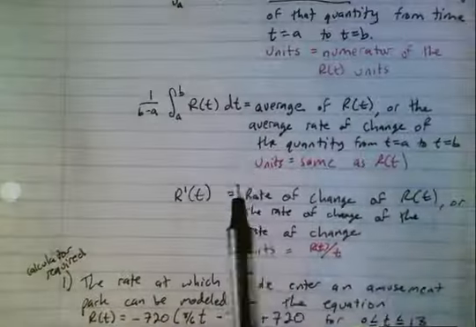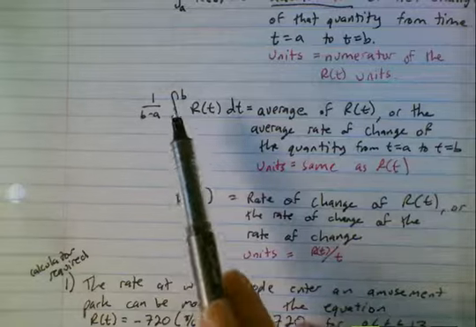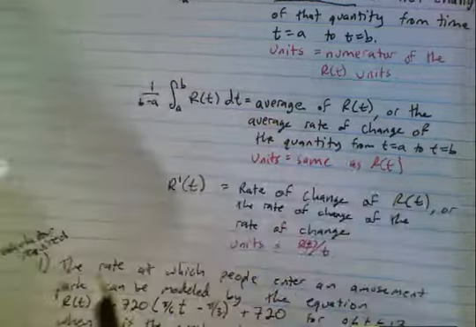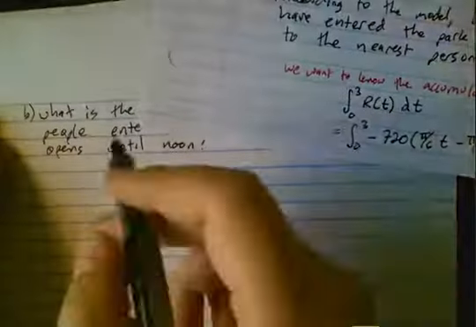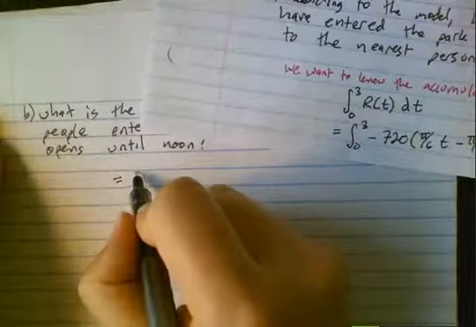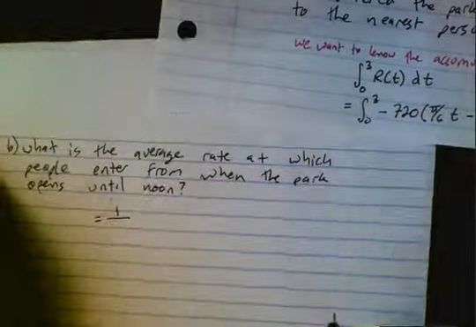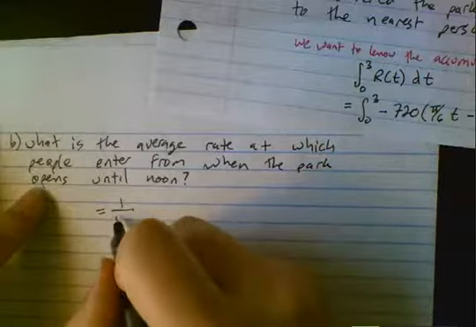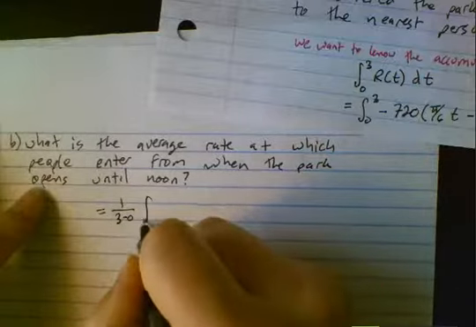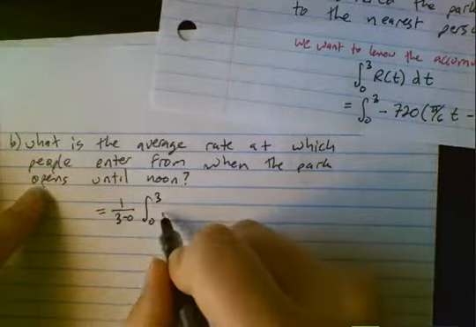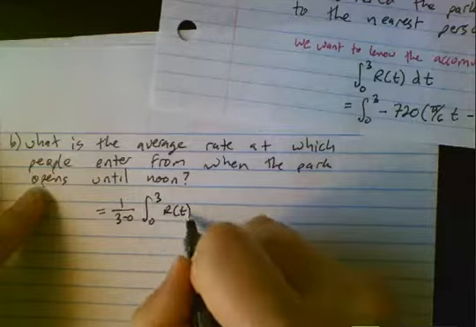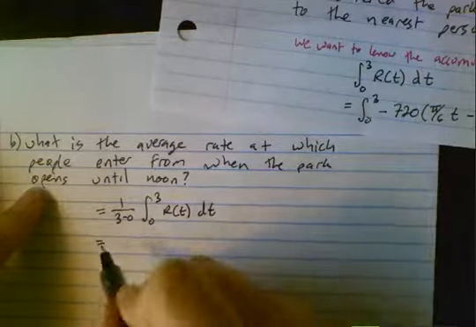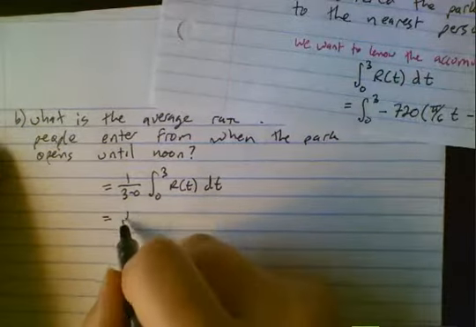Okay, so remember average value. That's 1 over, subtract the bounds. Let's see, from when the park opens, we said t equals 0, till noon. That was t equals 3. So that was that same equation again.